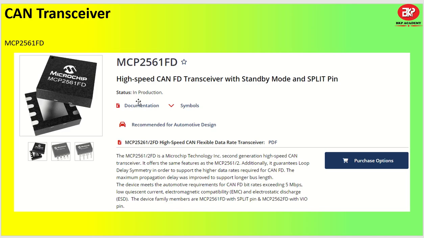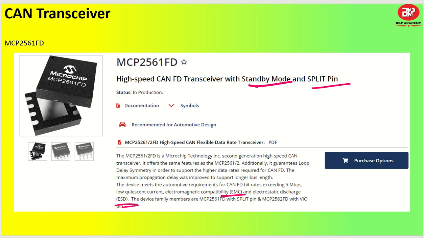As you can see from the product database, it is a high speed CAN FD transceiver with standby mode as well as split pin. So these two variants are available. This is very good for automotive design, and it comes with EMI/EMC compatibility. It has ESD protection, so those many things are there.